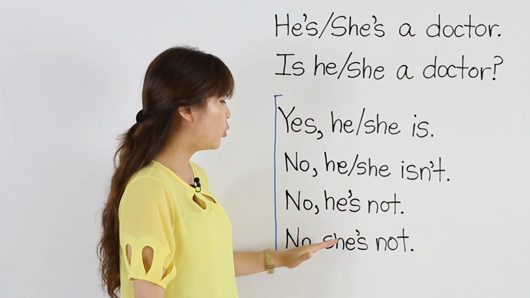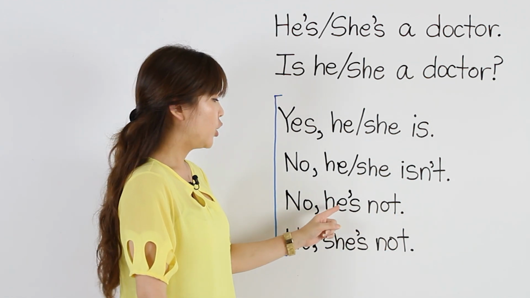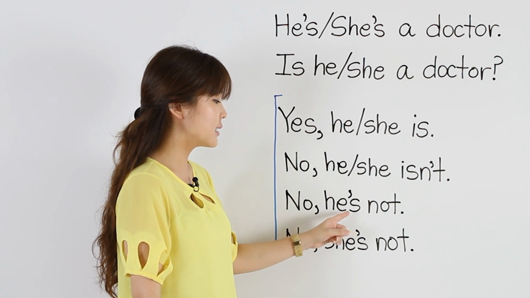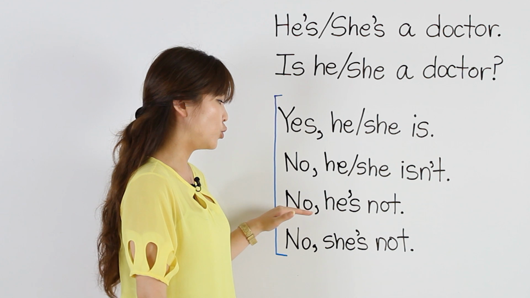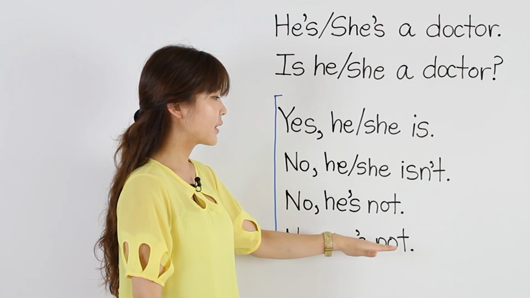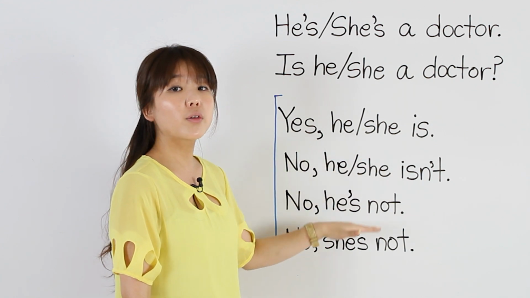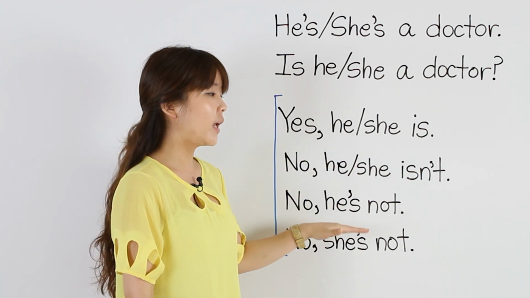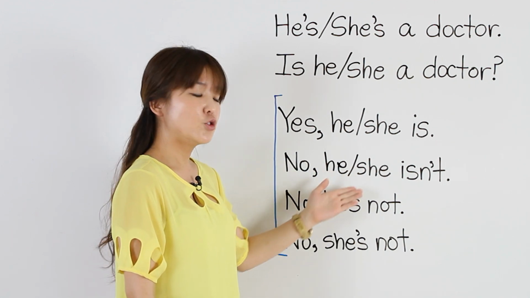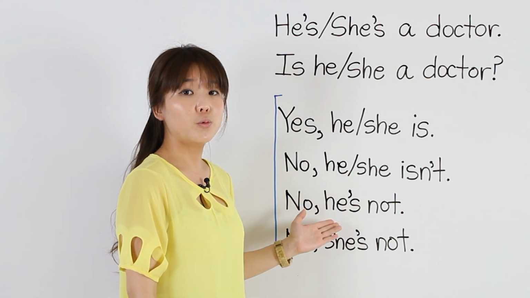Or no, she's not. You already know this is a contraction for he is and she is. So no, he's not. No, she's not. Okay, so these are both common and they're both okay to use. Okay, so remember, we can give two different answers for no.